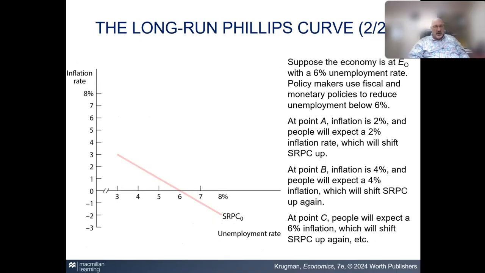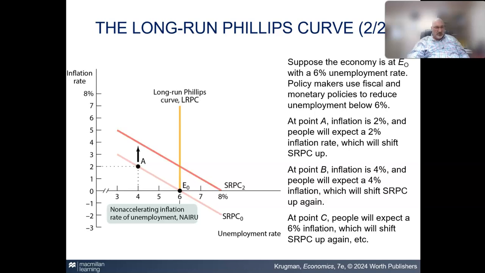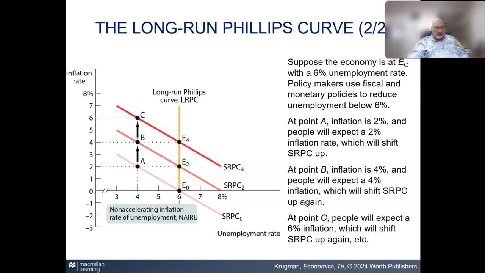It's a thing. All right, so if the economy is at E sub zero with a 6% unemployment rate, policymakers use fiscal and monetary policy to reduce the unemployment rate below 6%. So there we go. Here we are. We're at 6.